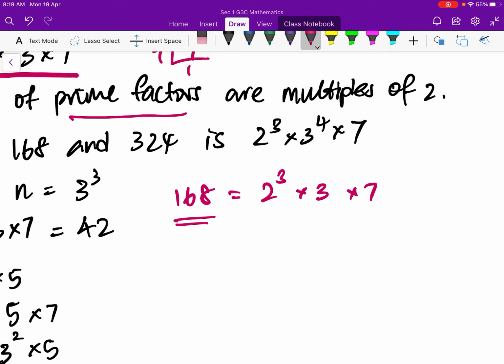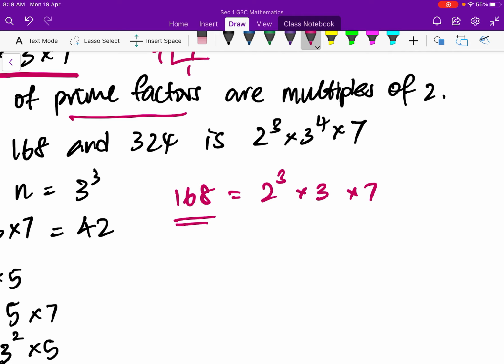The powers of something, right? Powers of what? Okay, in your own words, try and tell me. Yes, powers of the prime factors. Okay, what about them? The powers of the prime factors are not multiples of 2. So this is not a perfect square yet.